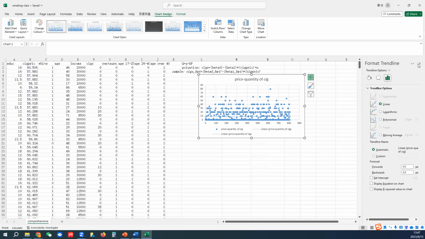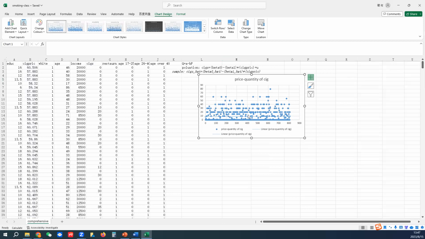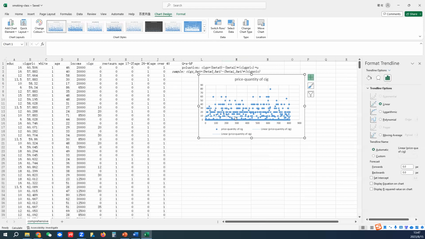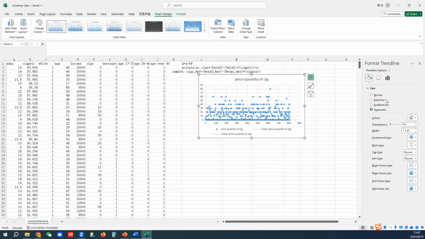So what you can do is select this, and ideally change its color. Solid line. Increase its width and change its color into red. Okay, so here this line is clearer.